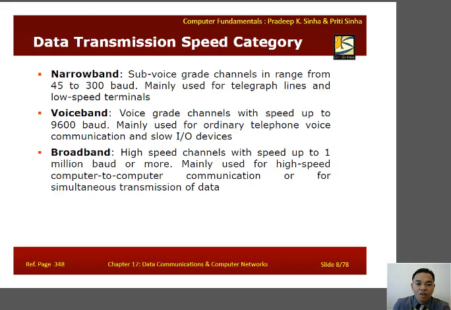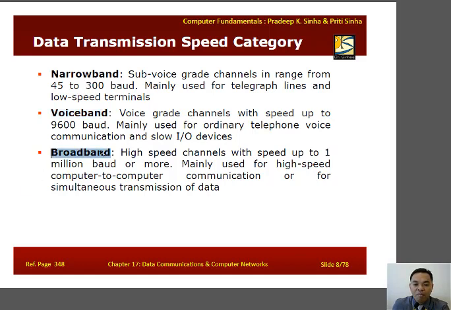Let's proceed. We have narrowband. Narrowband is defined as sub-voice grade channels in the range from 45 to 300 baud, mainly used for telegraph lines and low-speed terminals. And we have another term here, voice band. Voice grade channels with speed up to 9,600 baud, mainly used for ordinary telephone voice communication and slow input or output devices.